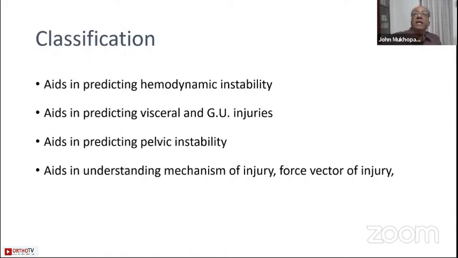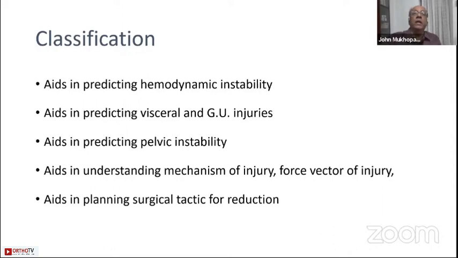Now, it's an interesting thing about the classification that it should aid in predicting hemodynamic instability, visceral and genitourinary injuries, and pelvic instability, and in understanding the mechanism of injury and the force vectors of injury. Eventually it should help you in planning your surgical tactics for reduction and fixation of the fracture.